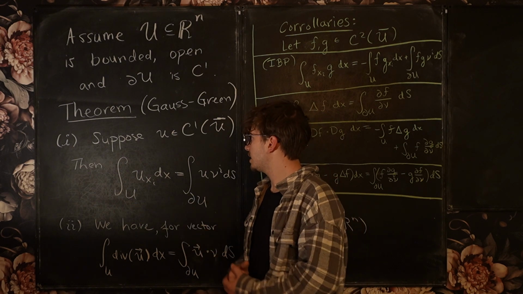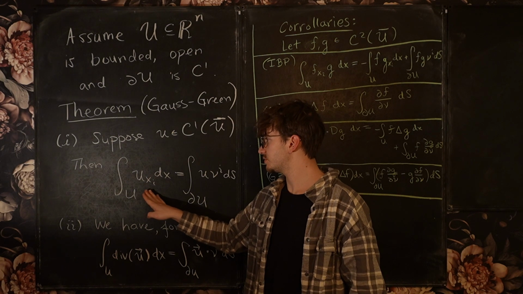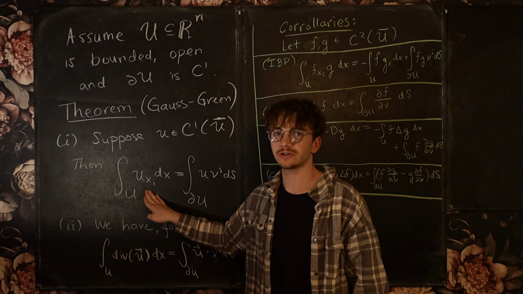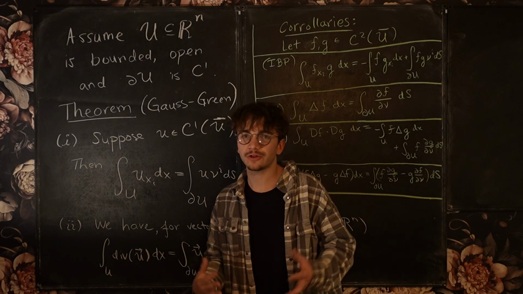Okay, and under these assumptions, since we're assuming the boundary of U to be differentiable, we can take the partial derivatives with respect to the ith coordinate.